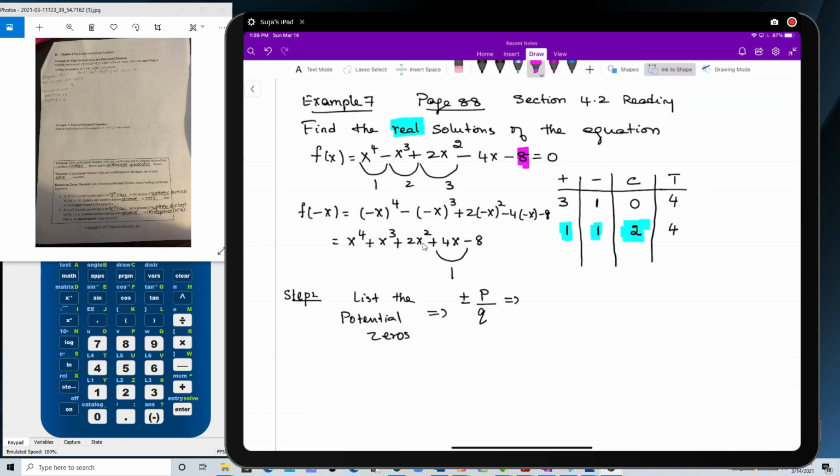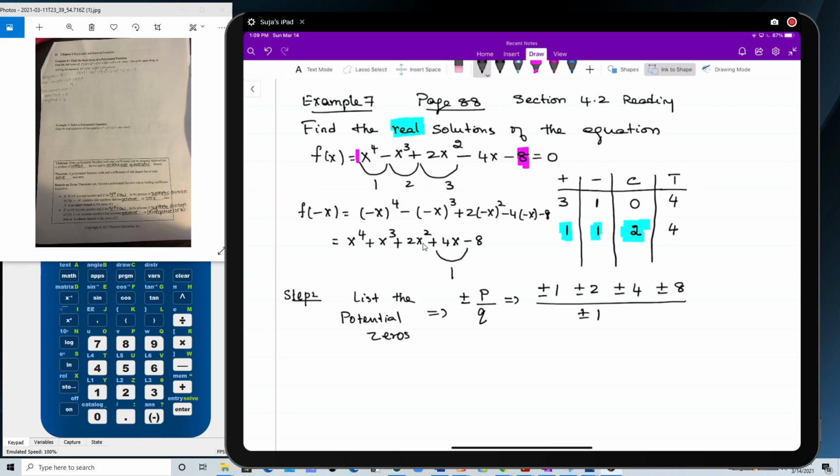Ignore the sign, just take the number 8, because we will be including positive and negative here. And the leading coefficient is 1. So therefore, my factors of 8 are plus or minus 1, plus or minus 2, plus or minus 4, and plus or minus 8, divided by factors of 1, which is just 1.